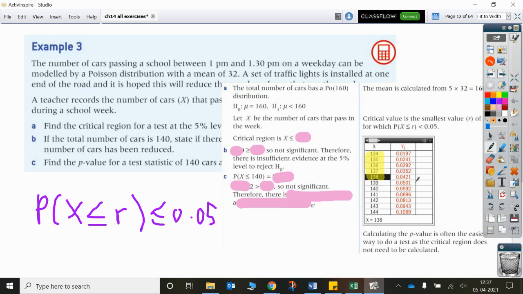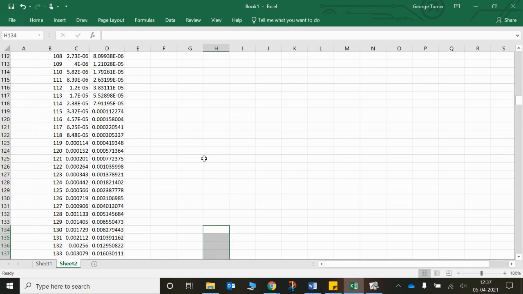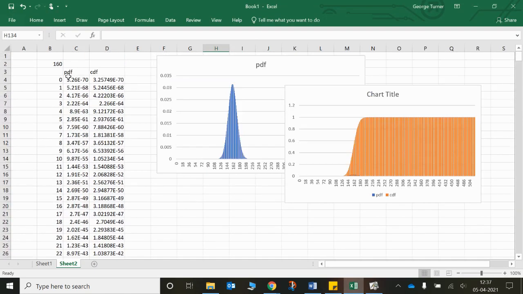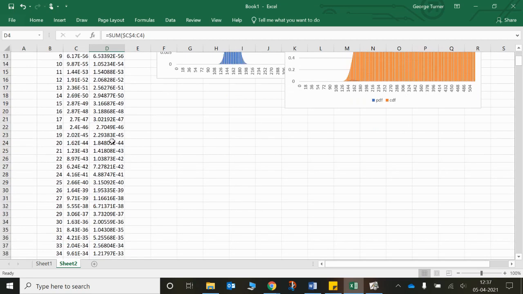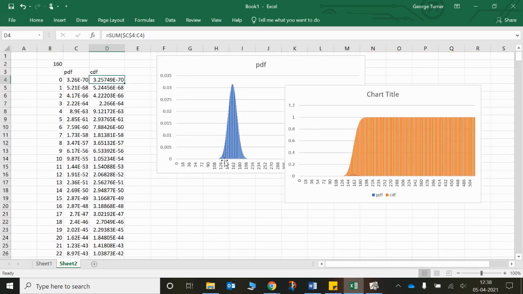Now, how do we get that? For me, I'd do some trial and error. I'm also just going to show you the PDF and the CDF I did on Excel. Same thing here. If you look at the CDF, we're looking for 5% in this region this time, not on this end, because we suspect that we've lowered the amount of traffic.